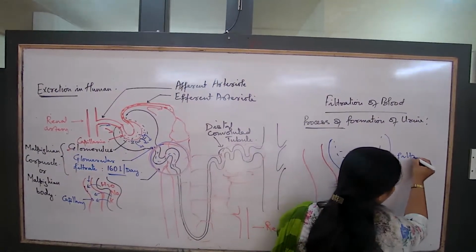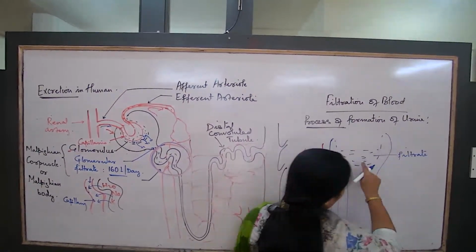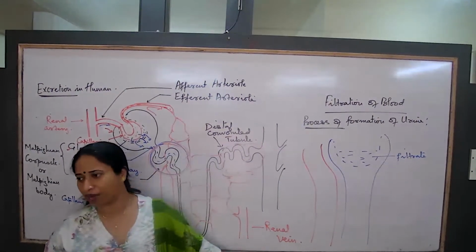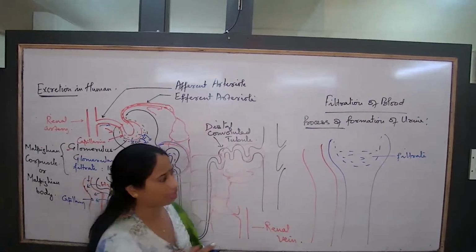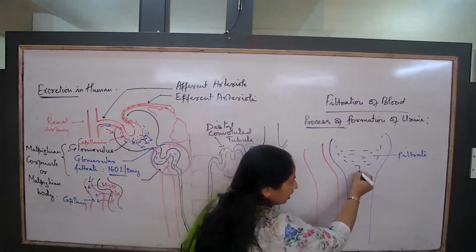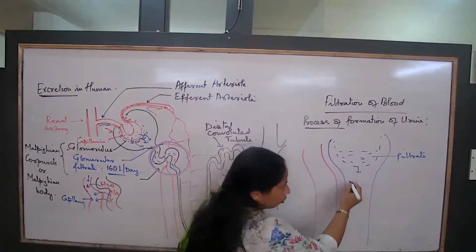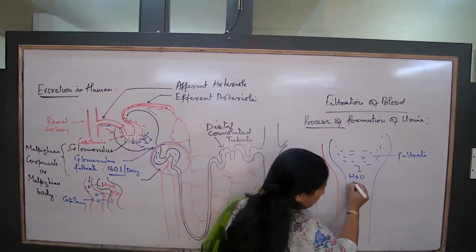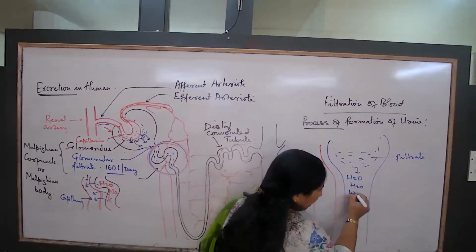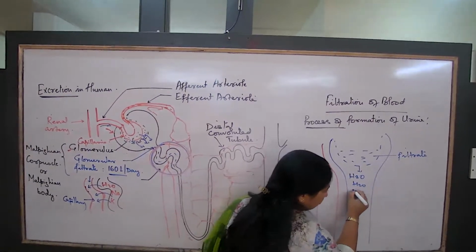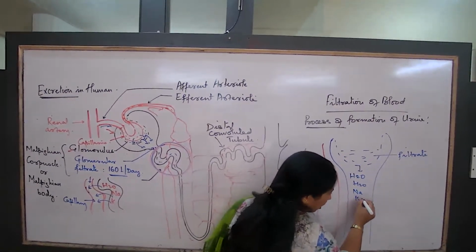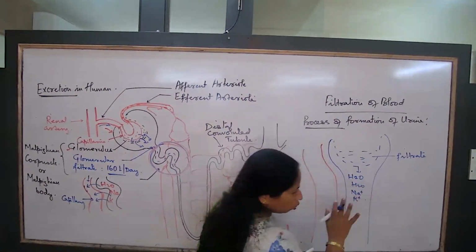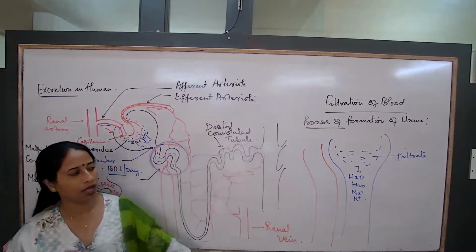This is the glomerular filtrate. How is glomerular filtrate formed? After the process of ultrafiltration. Now that the glomerular filtrate enters the hollow, what is present here? A whole lot of water. Enough of water is there, enough of sodium, enough of potassium salt. I'm just talking about 2-3 components right now.